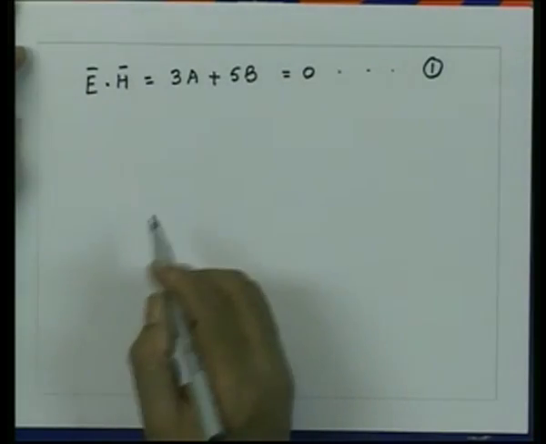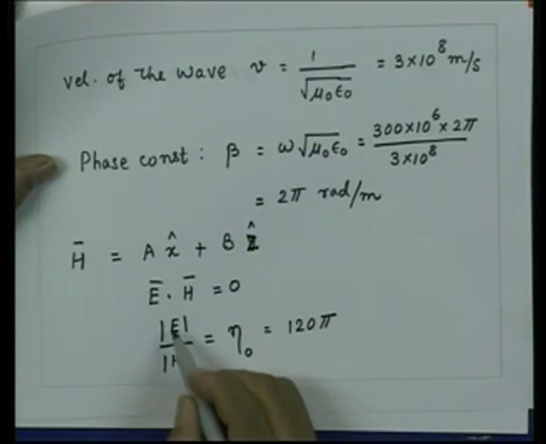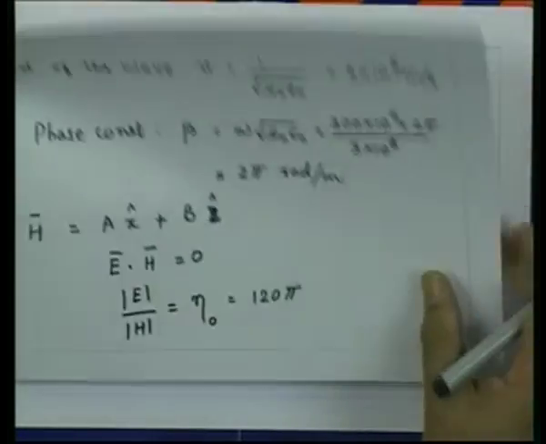The second equation which we get is the magnitude of the magnetic field, which is mod of E divided by eta 0.